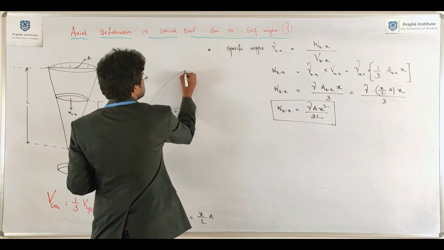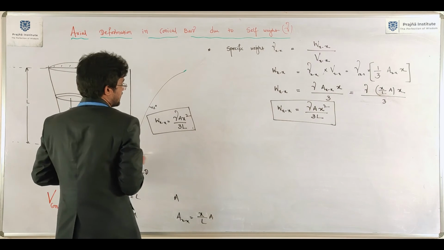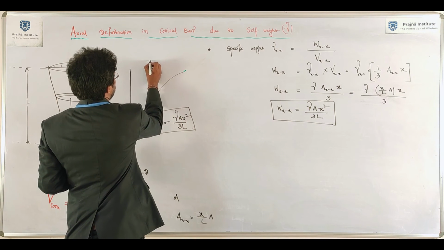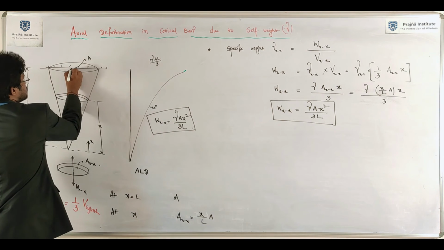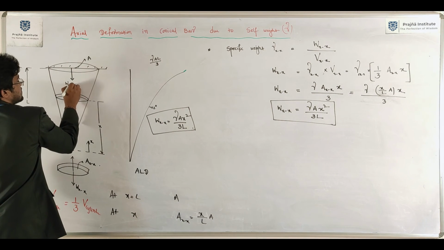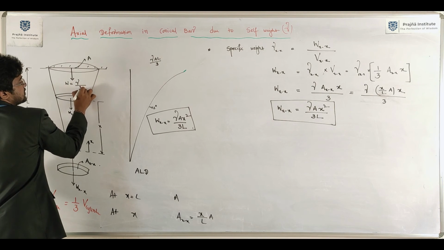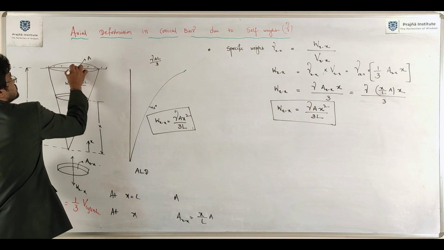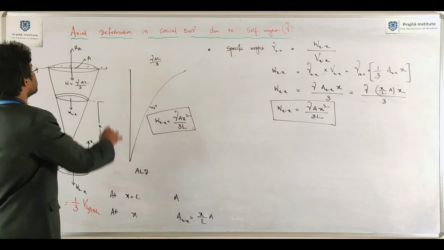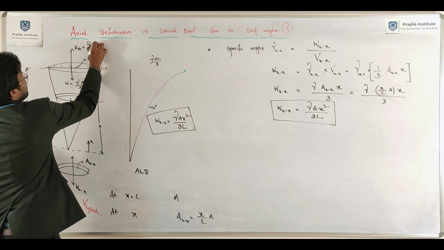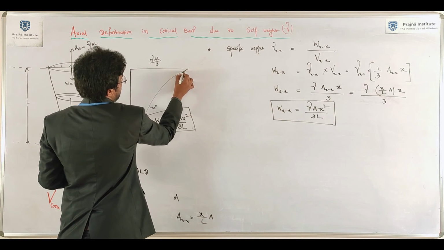Now how much is this? Put x equal to L, then here it is gamma A L by 3. What is the total load acting? What is the volume of the cone? Gamma into 1/3 of A L. So that is R_A, equal to gamma A L by 3.